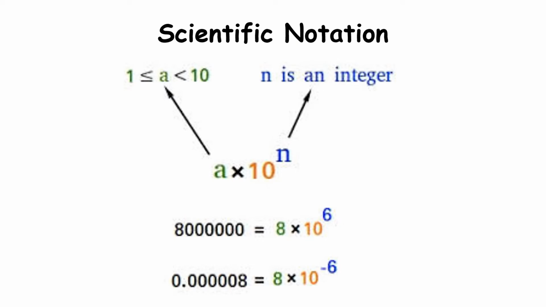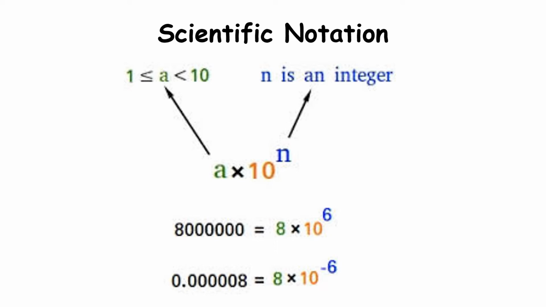So here is something written in scientific notation. The first number should be between 1 and 10. It should only be one digit before the decimal point, so it does not include 10. It can be 1, so 1 point something, up to 9.9. It's then multiplied by 10 to a power.